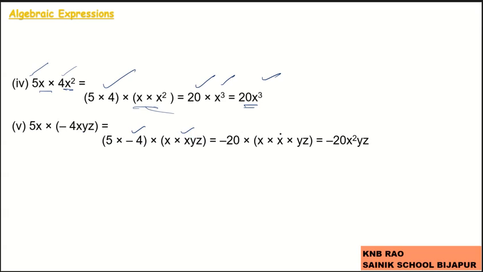Now, 5 into minus 4 gives me minus 20, x into xyz gives me x into x yz, x into x is x square yz.